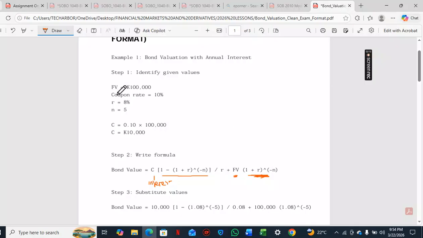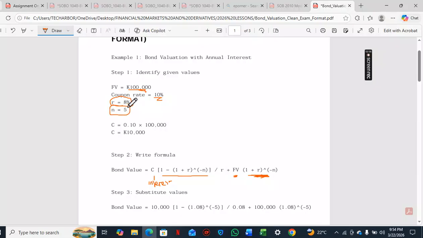So here we've got a bond of a face value 100,000 kwacha. The interest rate of this bond is 10%. The discount rate, R, is 8%. The length of the bond is 5 years.